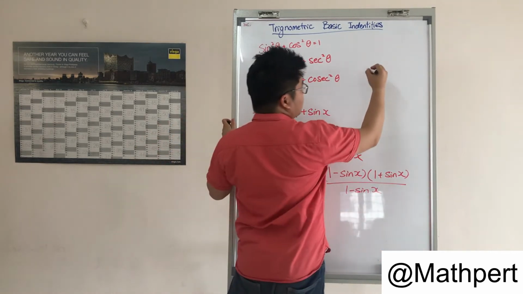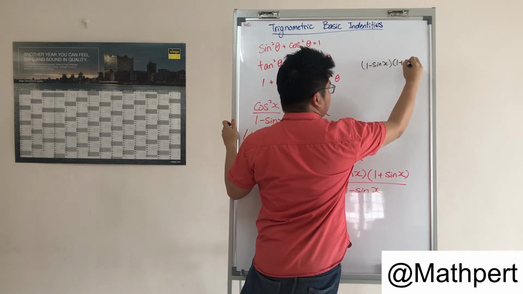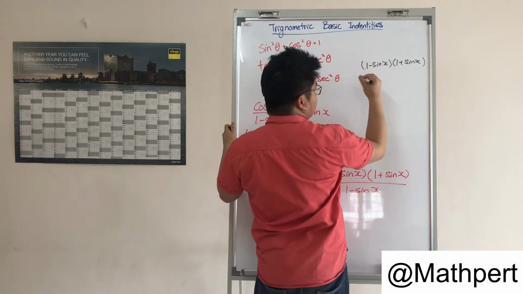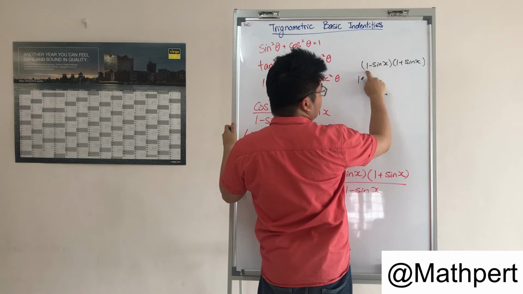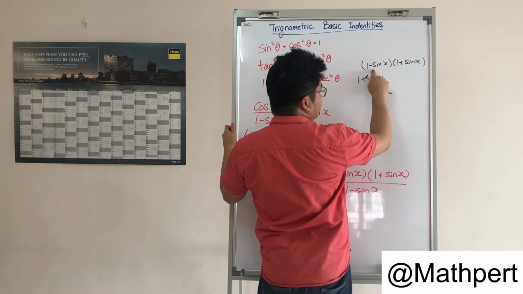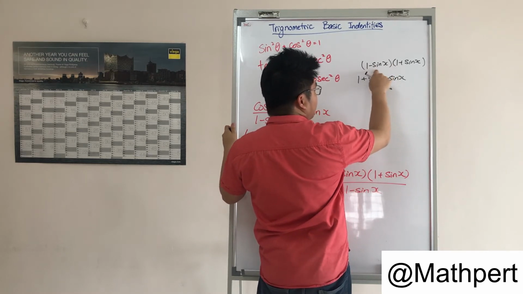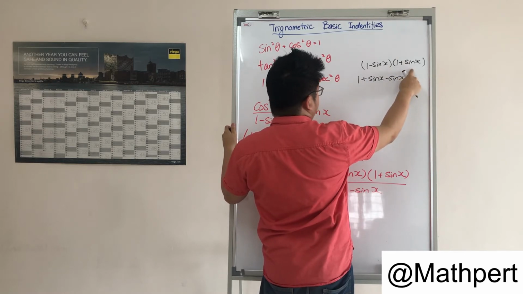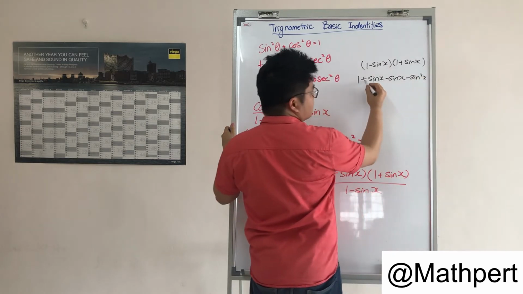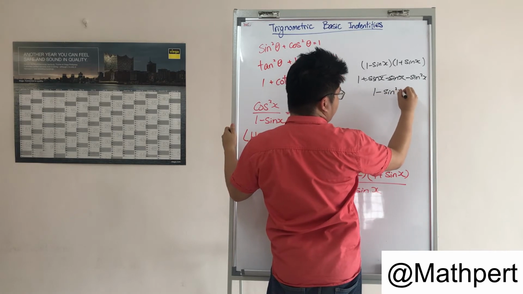Let's take a look here. We expand it: 1 times 1 is 1, 1 times sine x is plus sine x, minus sine x times 1 is minus sine x, and minus sine x times plus sine x is minus sine square x. So the sine x terms cancel out, and we get 1 minus sine square x.